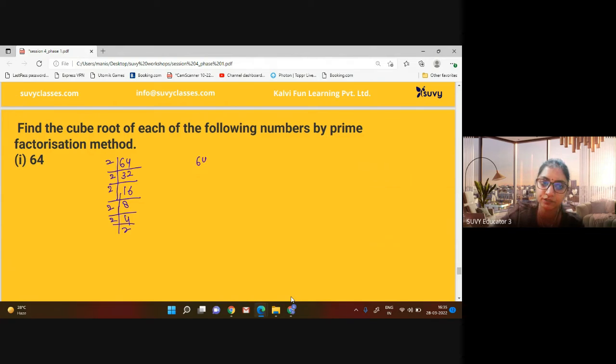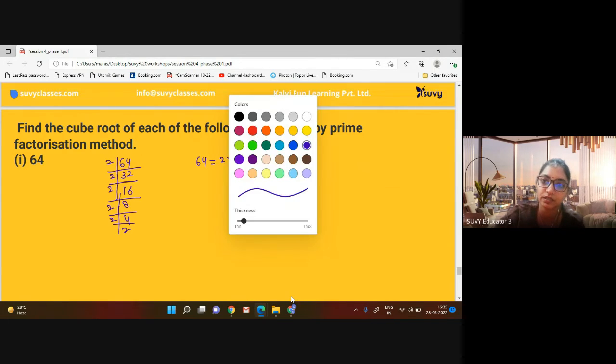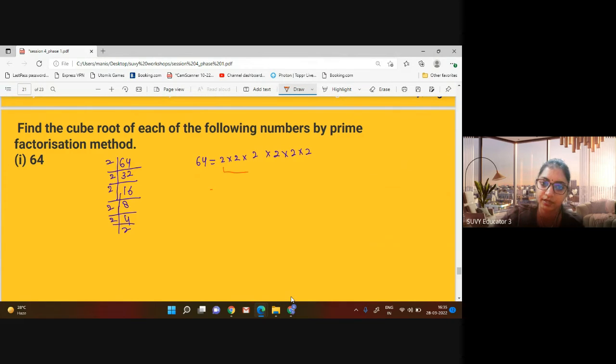It means 64 can be written as 2 into 2 into 2, 2 into 2 into 2. So we can start making triplets. It's one triplet, it's a second triplet. So triplets are complete. So the cube root of 64 is 2 into 2, which means 4. So the answer to this question is 4.